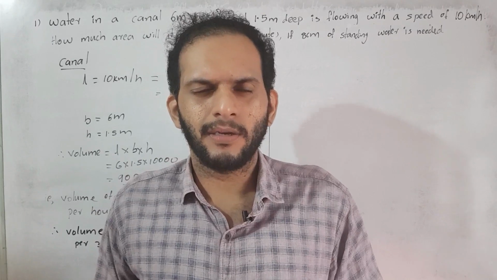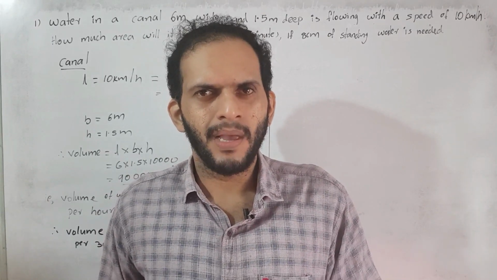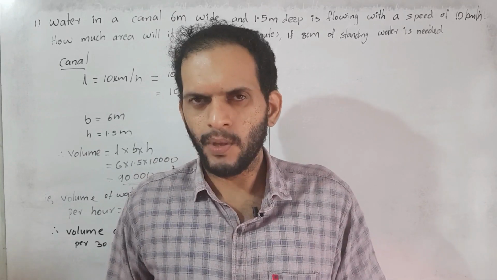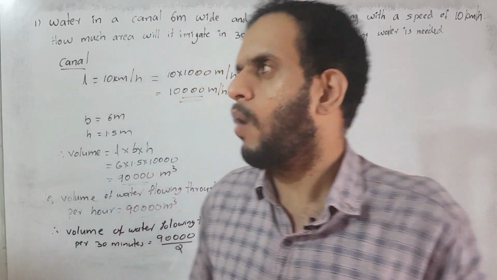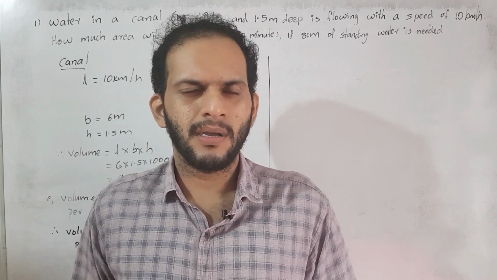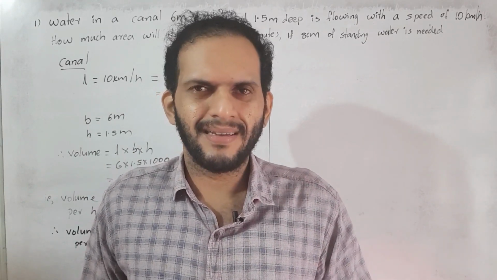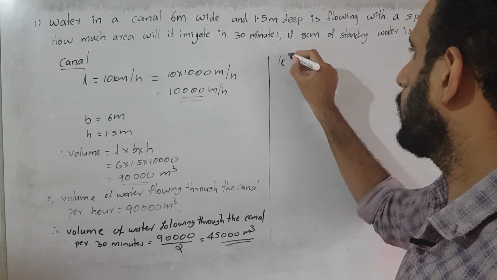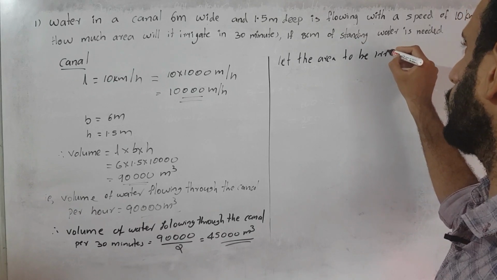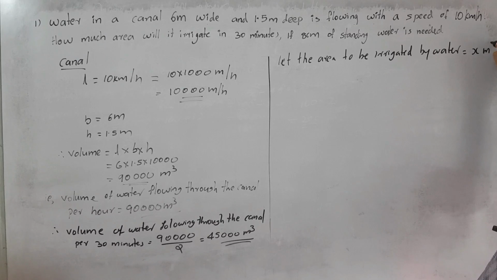The shape of the field is a rectangle, then we know the equation for finding the area of the rectangle. Area of rectangle is equal to L into B. So here we want to find out how much area will it irrigate. So directly we take the area for irrigating is equal to x meter square. Let the area to be irrigated by the water be x meter square.